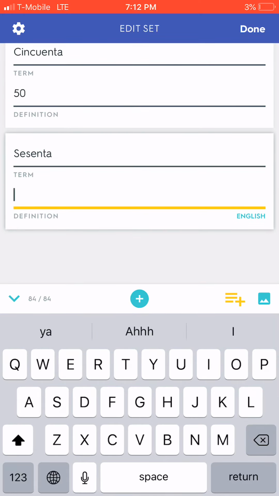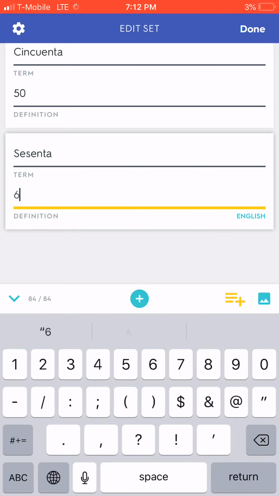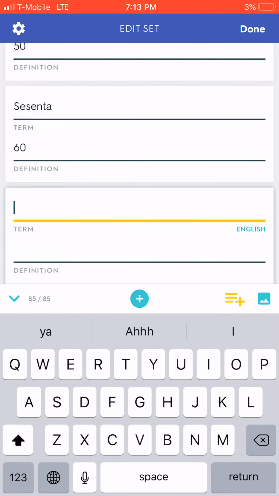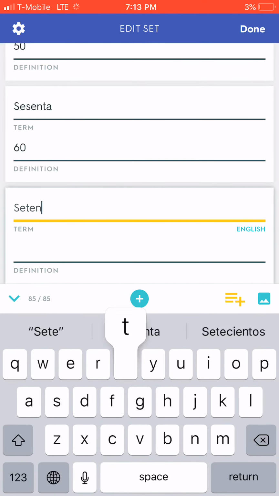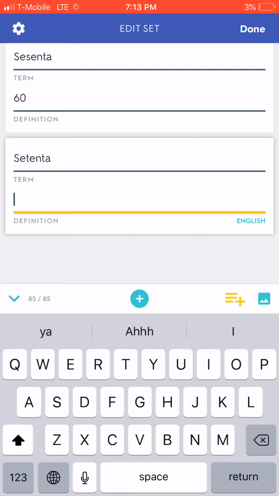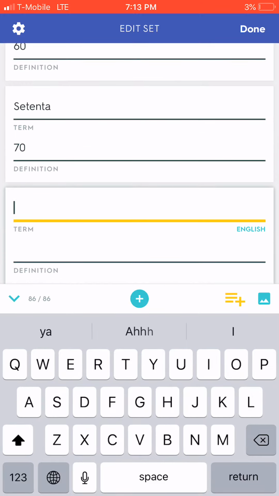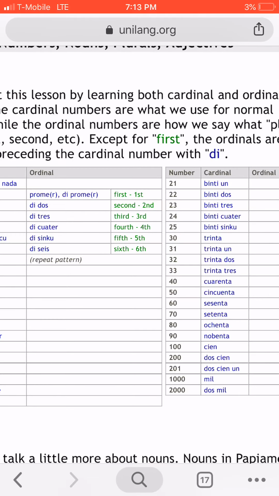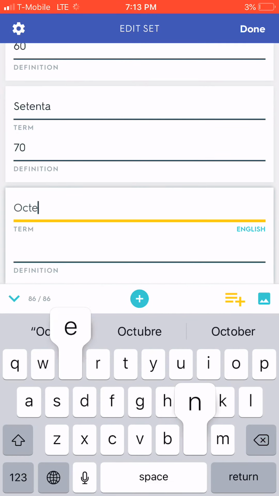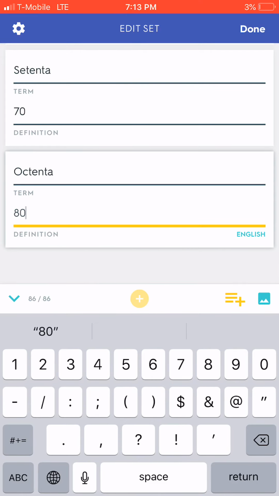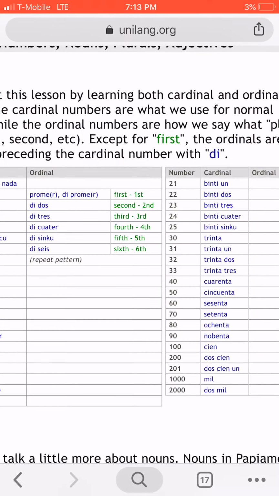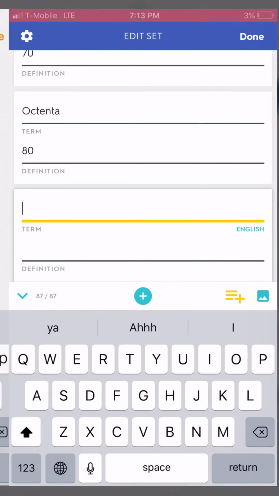Some of them are very similar to Portuguese as well. Some of the numbers are exactly the same. And then 70. 80 is 80. But it's 80 in Portuguese. And 90 with a B.